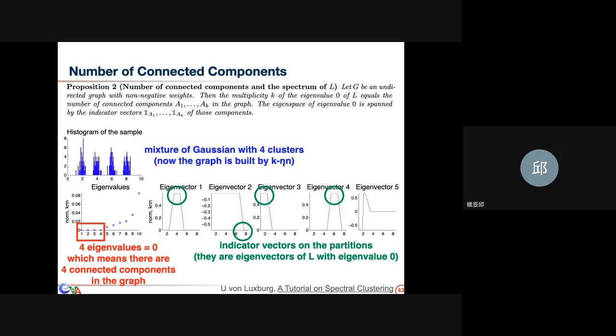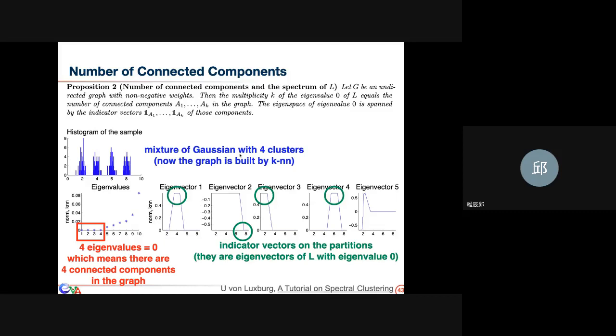So you can imagine that this graph is not fully connected, because in our whole data set, we roughly have 4 groups. The first group has value around 2. The second group has a value around 4, the third group has value around 6, and the fourth group has value around 8.